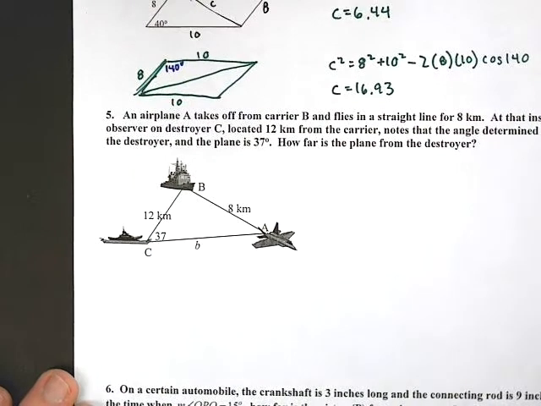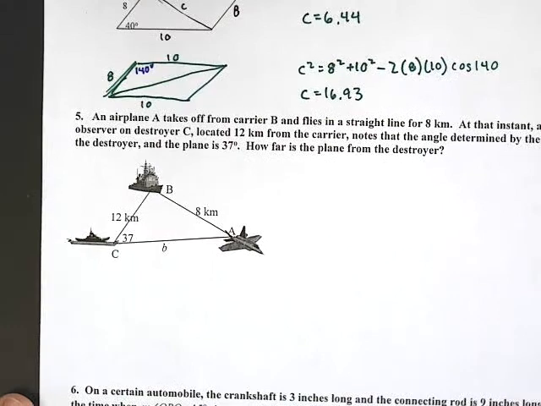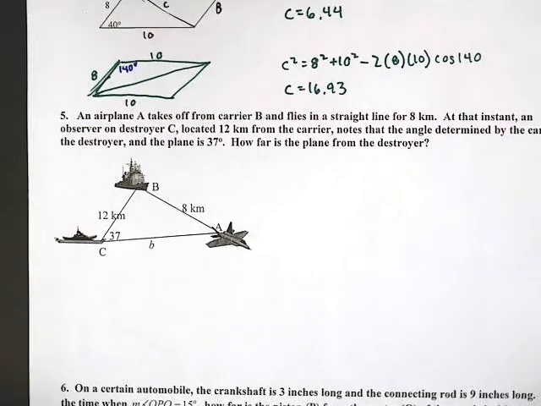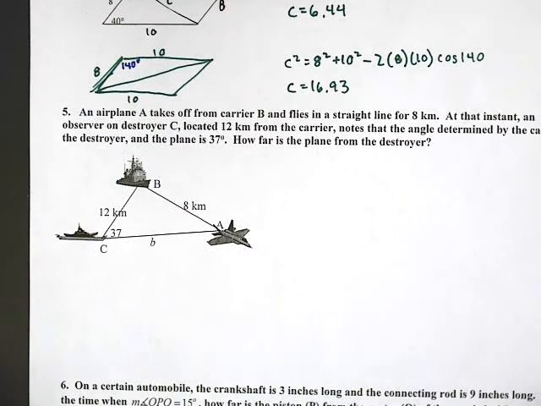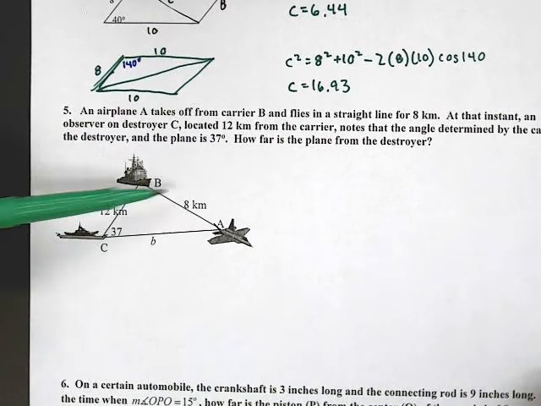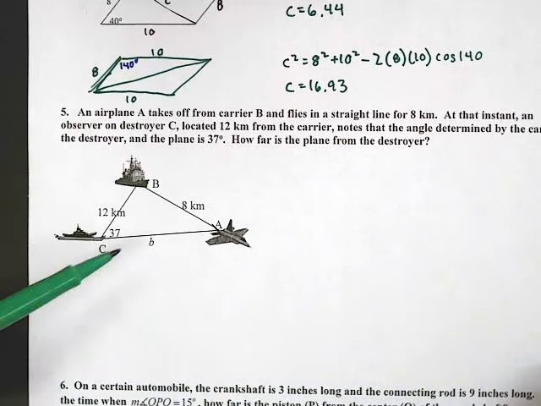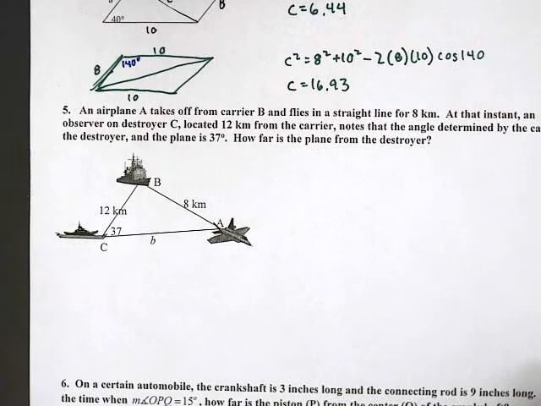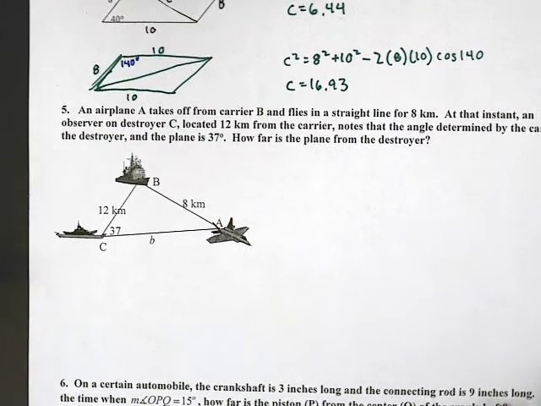Now, in something like number 5, we cannot do that. We don't have any rules about airplanes and aircraft carriers and whatnot. So in this situation, we need to recognize that we are given a side-side-angle situation. And so again, because it's side-side-angle, we're using the law of cosines rather than the law of sines.